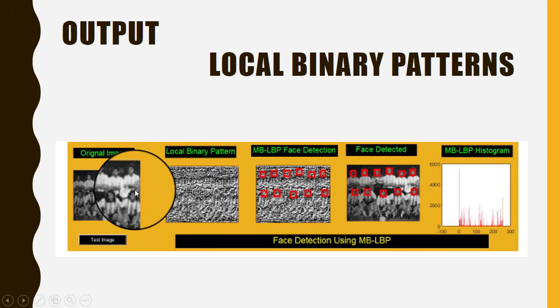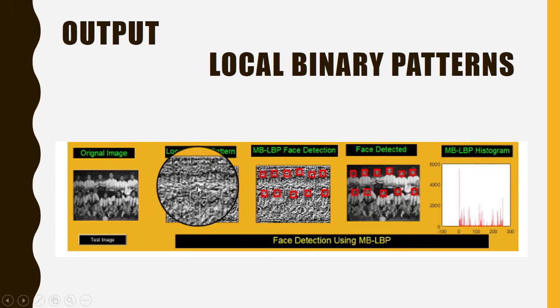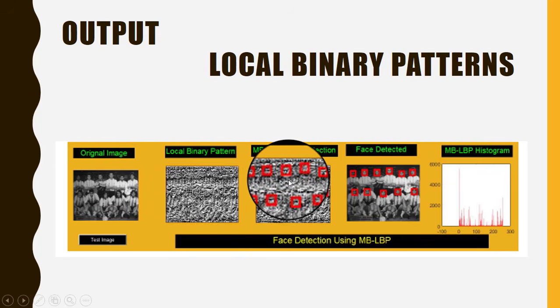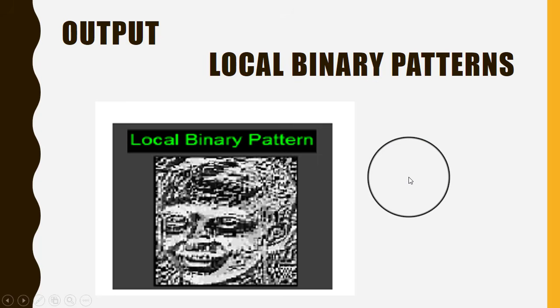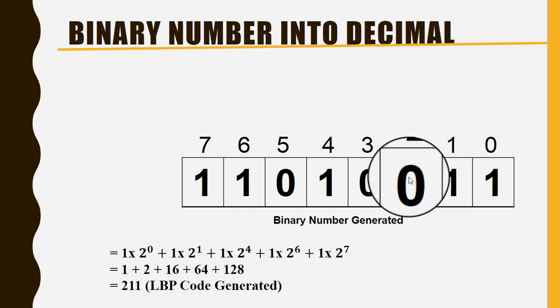I did the same for this image with multiple people. We extracted the patterns using the local binary pattern technique, then applied a detector and detected the faces. So this is a simple technique, or algorithm, we are using today for face detection.